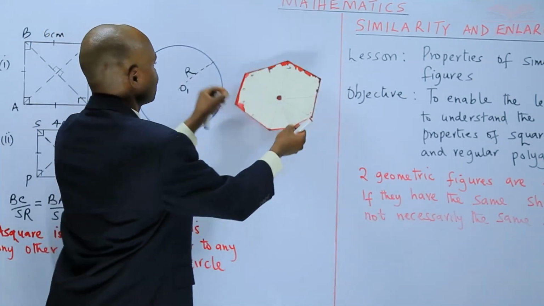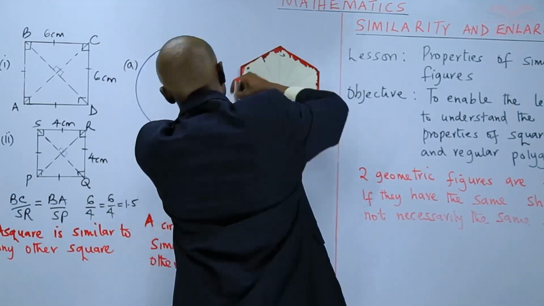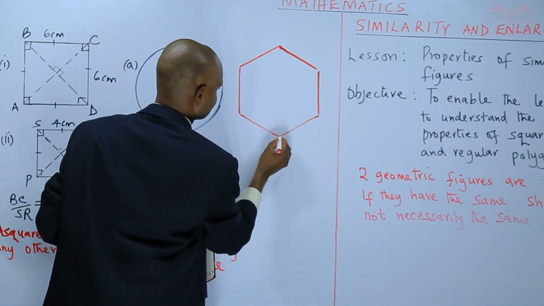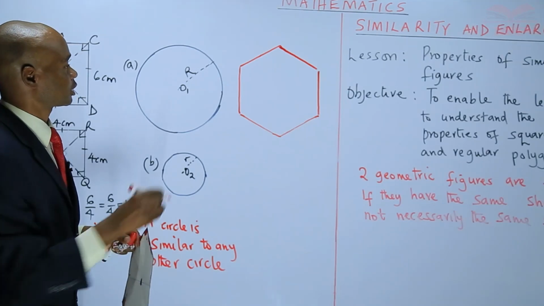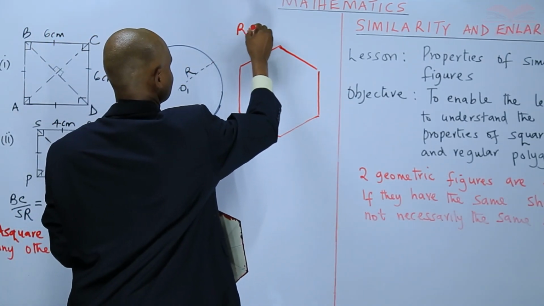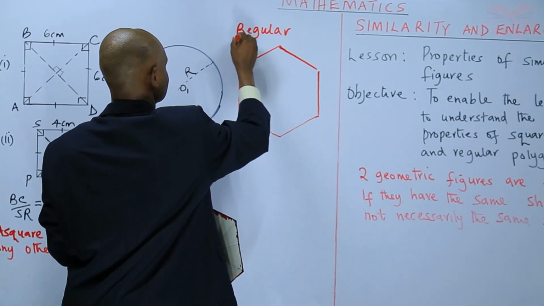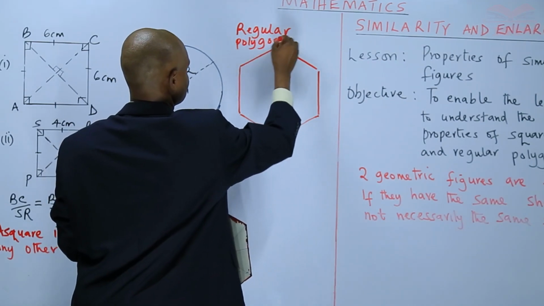So irrespective of the size, if I draw this one here, that will be a completion of that hexagon. So this will come under regular polygons.